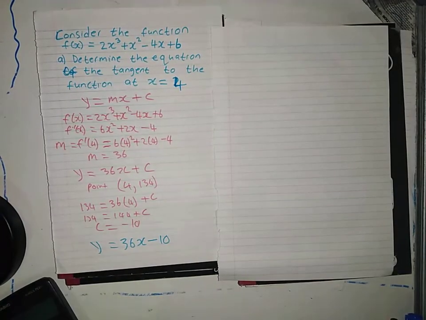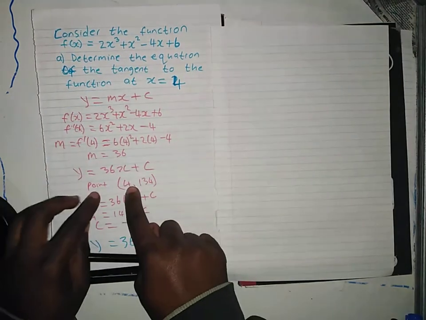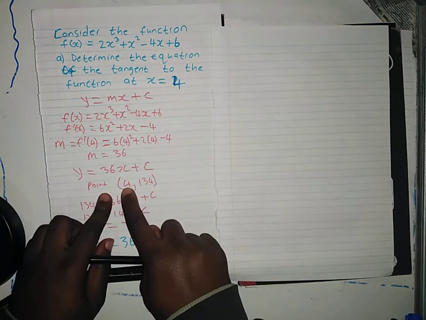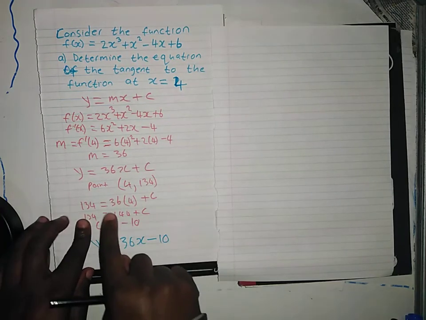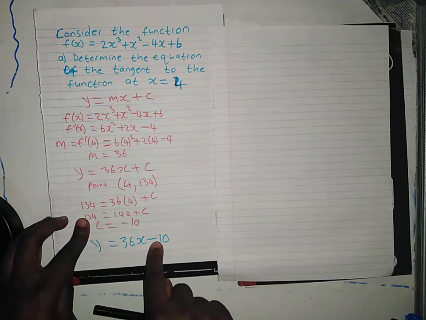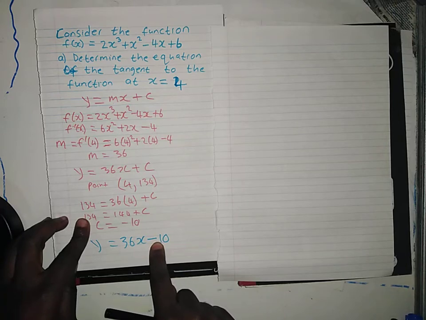All right guys, so as mathematicians we always encourage different ways of looking at things. When you've got this point, which is 4 versus 36, is there any other way of finding the value of c without having to do all this?